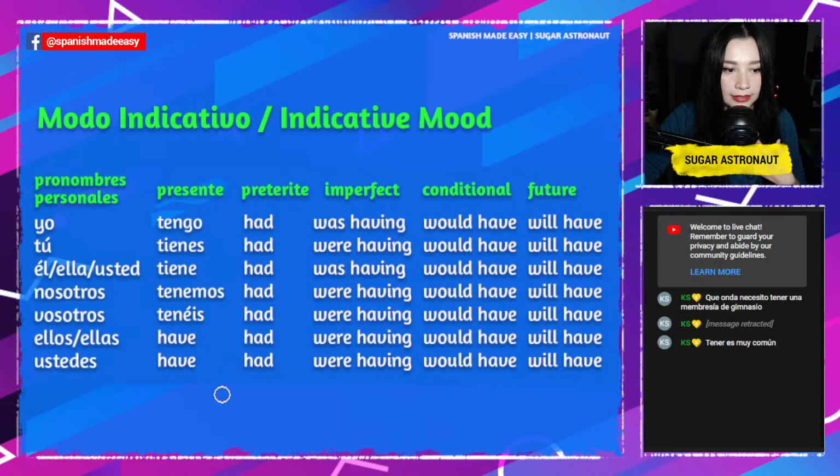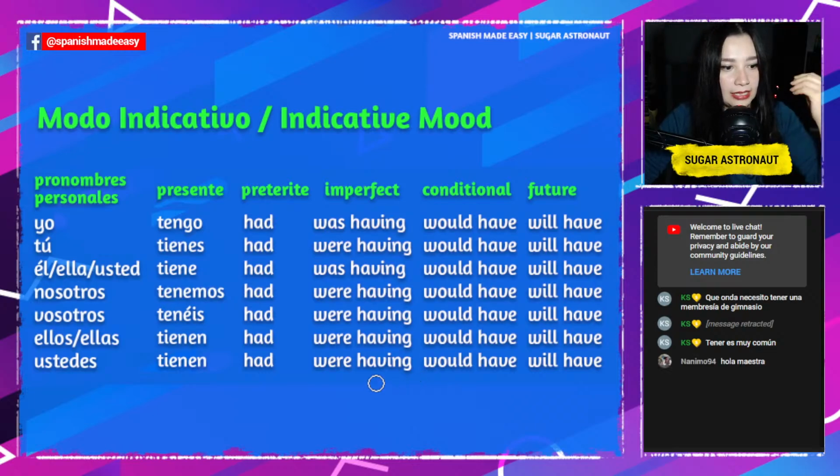Vosotros tenéis, you have. Ellos tienen, or ellas tienen, they have. Ustedes tienen, you have. Okay, so that was present tense. Yo tengo, tú tienes, él, ella, usted tiene. Nosotros tenemos. Vosotros tenéis. Ellos or ellas tienen. Ustedes tienen. Okay, so far so good.